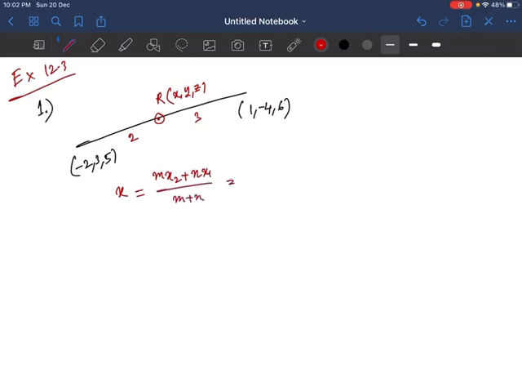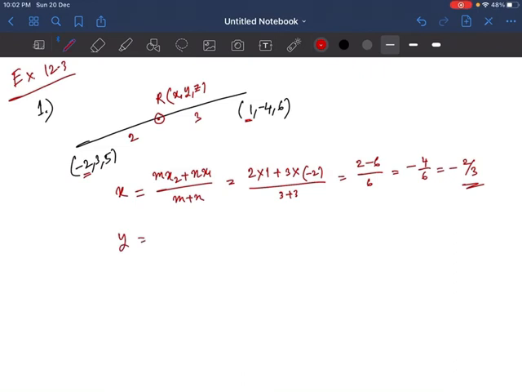So what is the value of m? m is 2 and x2 is 1, so 2 into 1, plus n is 3, into x1, which is -2, divided by 2 plus 3. So we are getting 2 minus 6 divided by 6, that is -4 by 6, so we have -2 by 3.